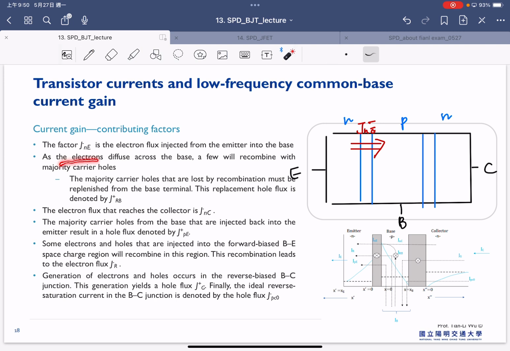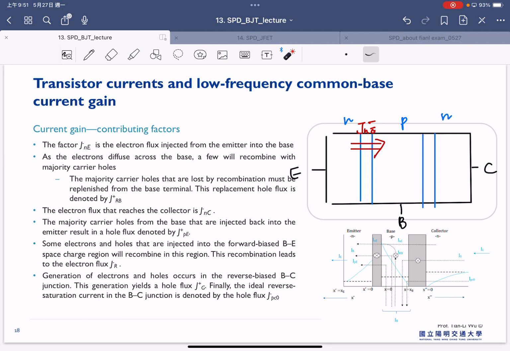As the electrons diffuse across the base region, a few will recombine with the majority carrier holes. The majority carrier in the P region is holes, which recombine with this electron current. The majority carrier holes lost by recombination must be replenished from the base terminal, and therefore this replacement hole flux is called JRB plus.